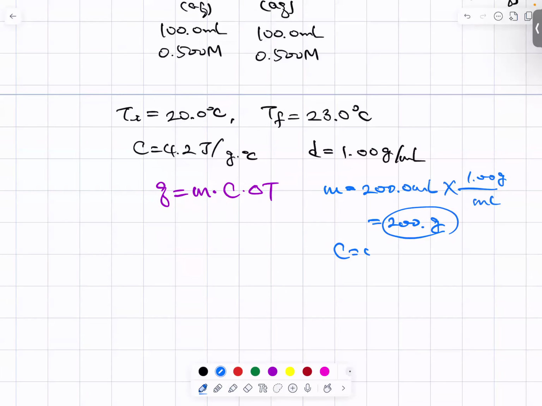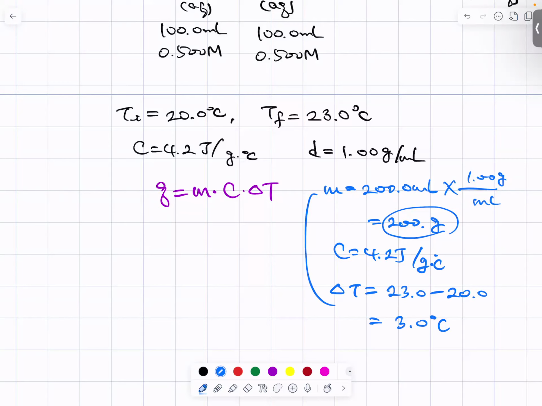C is given as 4.2 joules per gram Celsius. And delta T is 23.0, the final temperature, minus the initial 20. So the temperature increased by 3 degrees C. Okay, we are ready. Just plug into this expression.